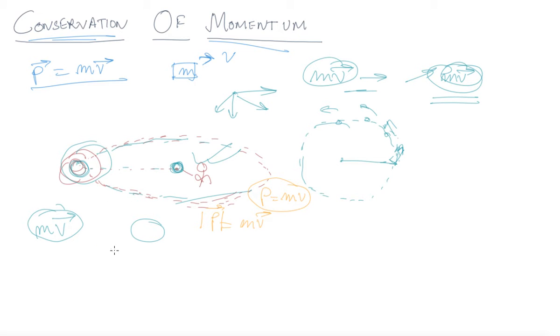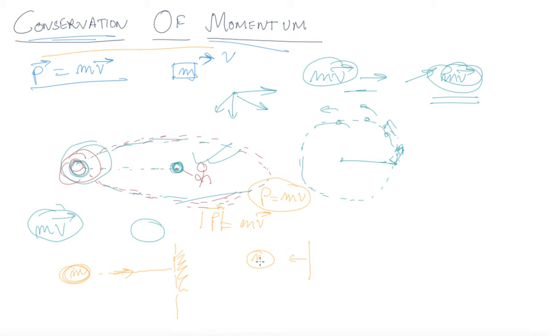Now let's take an example. This is a ball of mass m and it's traveling to strike the wall. It's traveling in a direction parallel to the x-axis. According to the law of conservation of linear momentum, after striking the wall, the ball moves back.